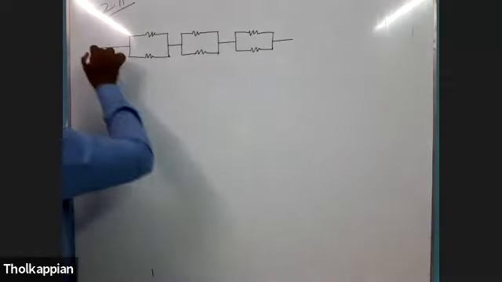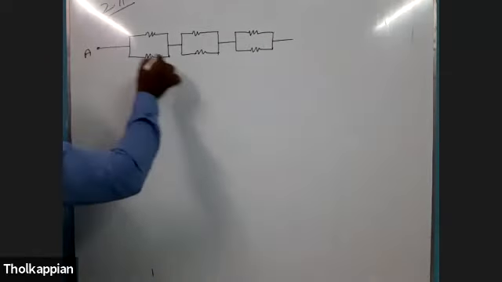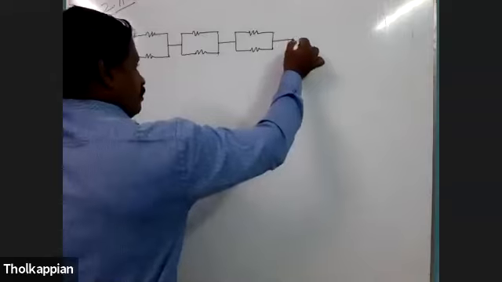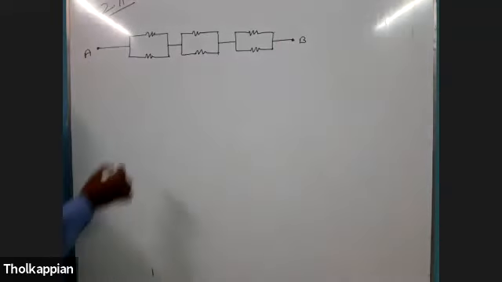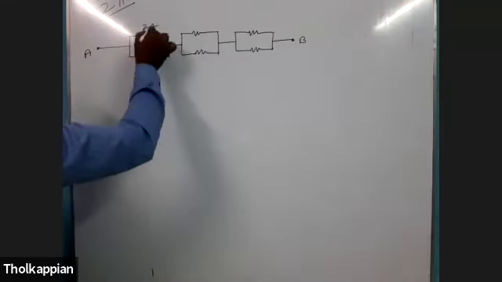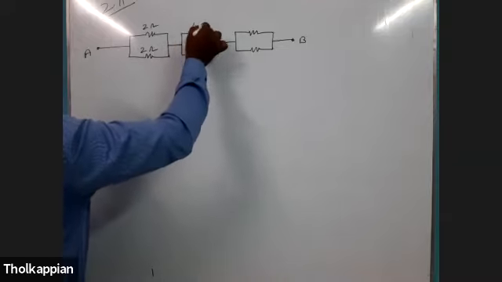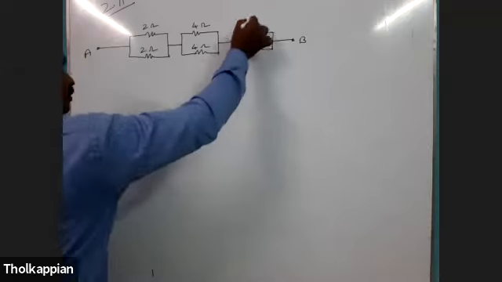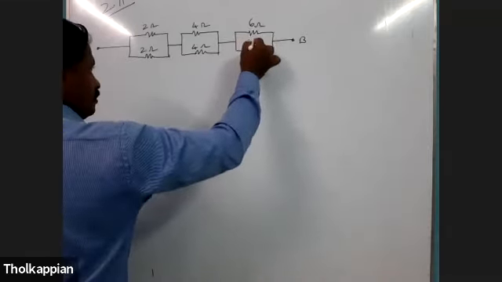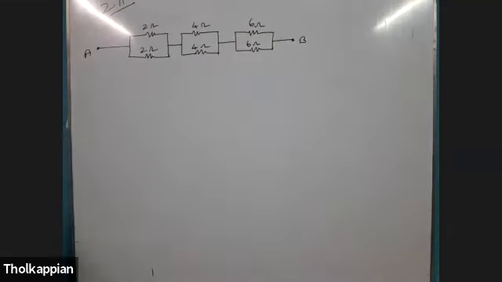Okay. Consider this point as A and this point as B. Here the resistance is 2 ohms. Here the resistance is 4 ohms. Here the resistance is 6 ohms. I think that is given. We will check. Yes, 4. Okay, that's all.